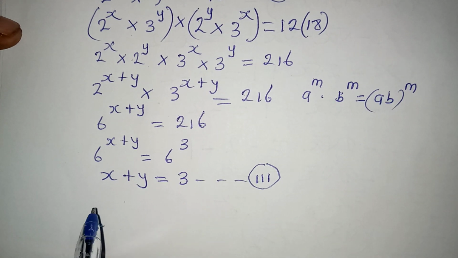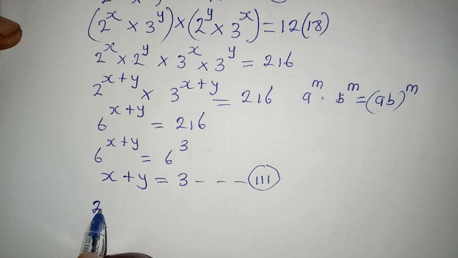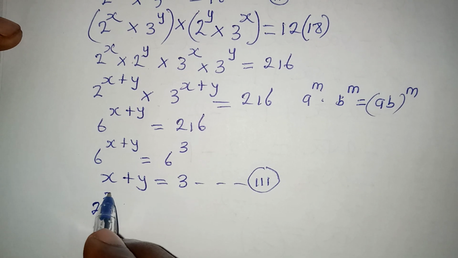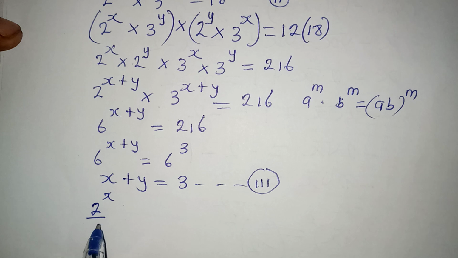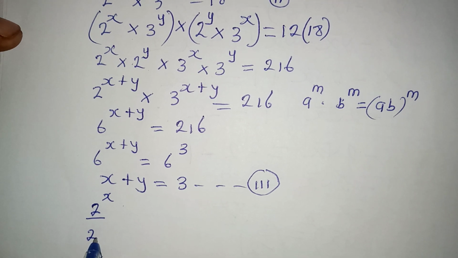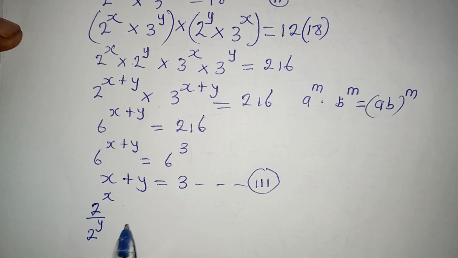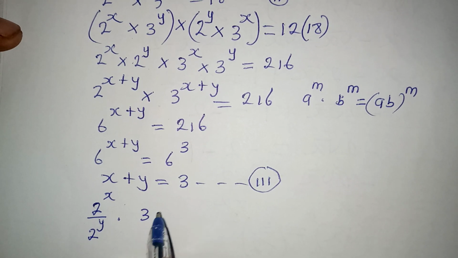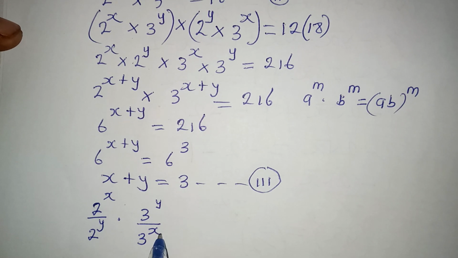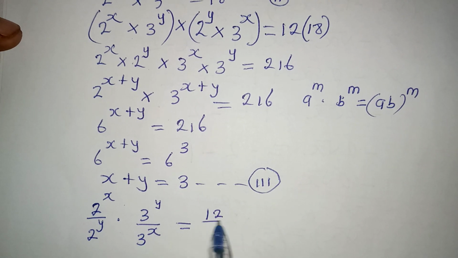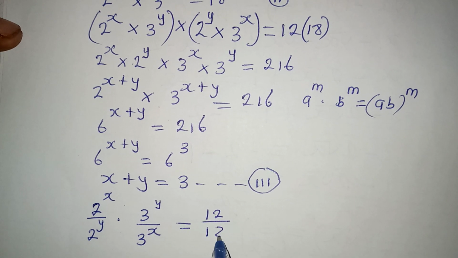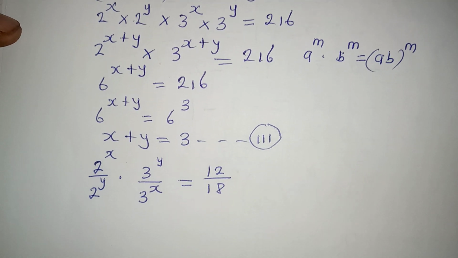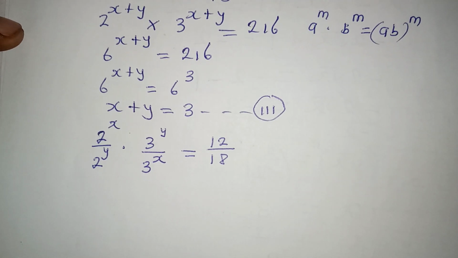So we're going to have 2 to the power of x divided by 2 to the power of y, then multiply by 3 to the power of y divided by 3 to the power of x, and this will be equal to 12 divided by 18. Now, this is expected to give us our equation 4.